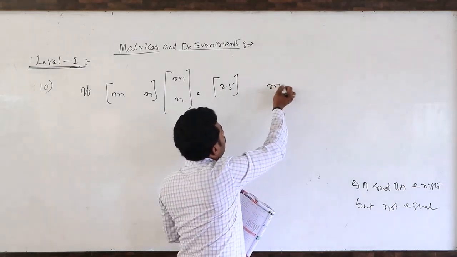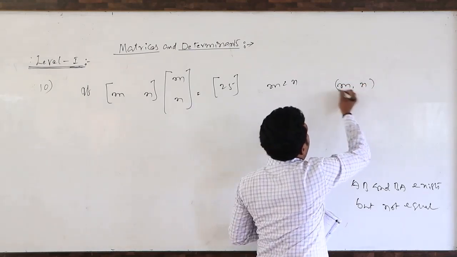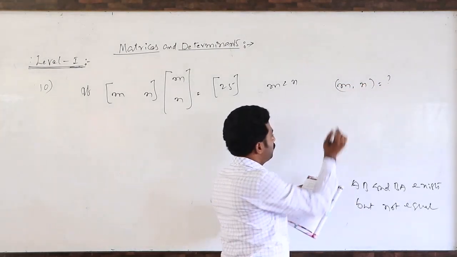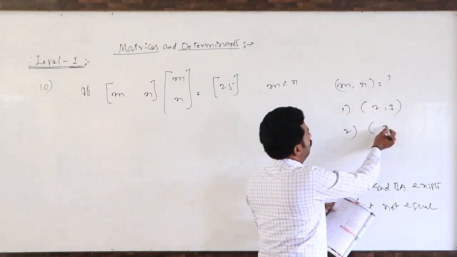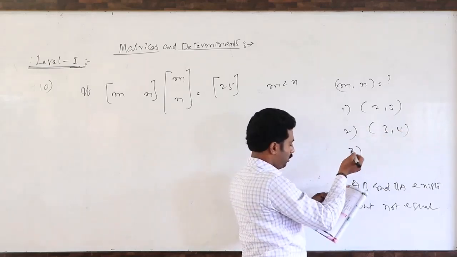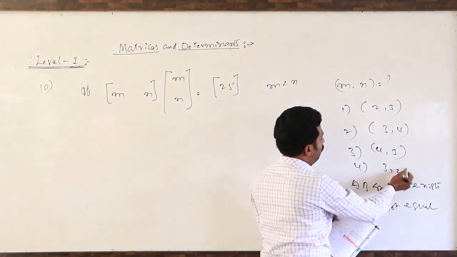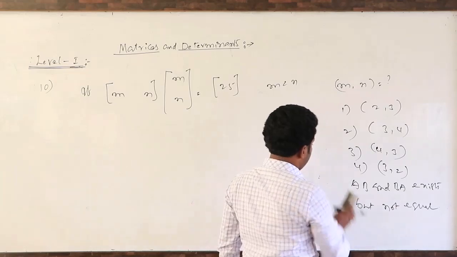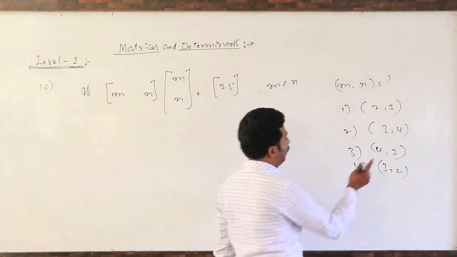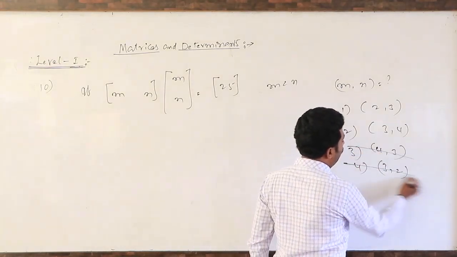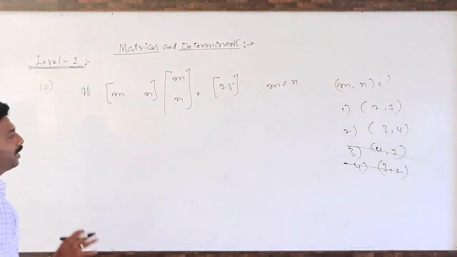Here m must be less than n. Then they are asking for the values of m comma n. First option 2 comma 3. Second option 3 comma 4. Third option 4 comma 3. Fourth option 3 comma 2. Very clear, m must be less than n, so 4 cannot be less than 3 and 3 cannot be less than 2. So two options we can delete. Of the remaining two options, which one is correct?